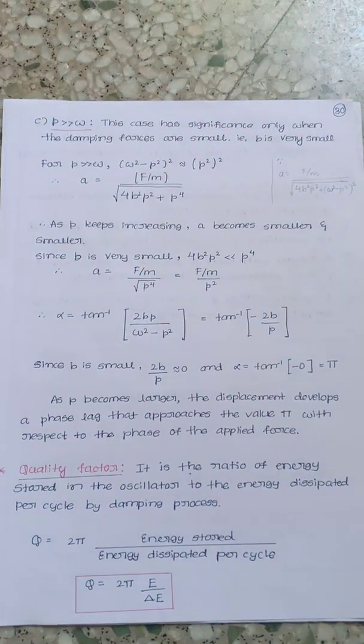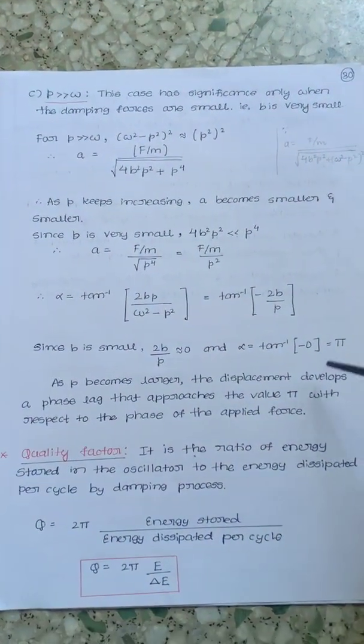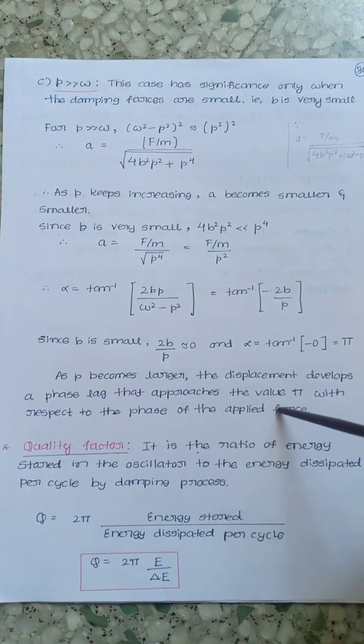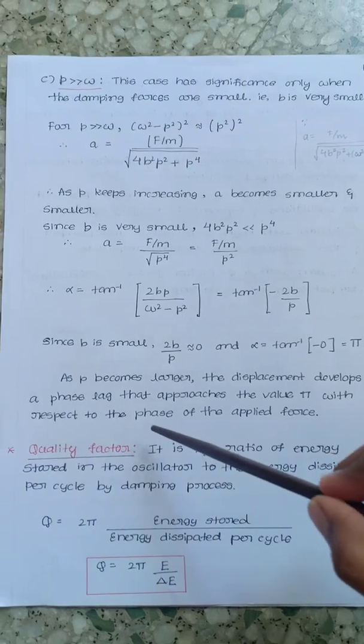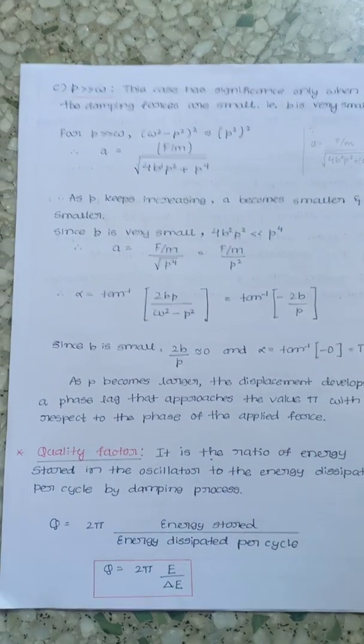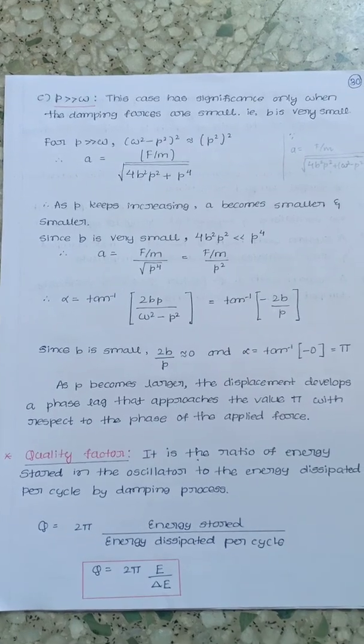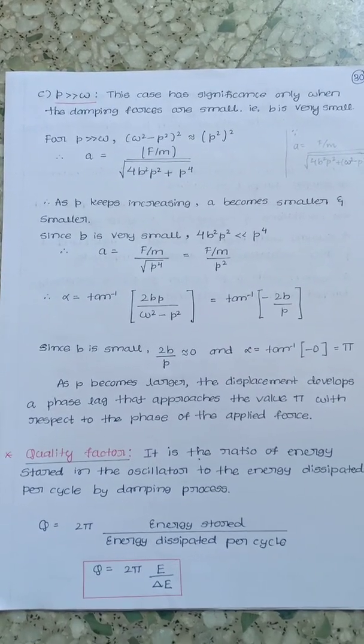So as P becomes larger, the displacement develops a phase lag that approaches the value pi with respect to the phase of the applied force. So this is your third case for the theory of forced vibrations.